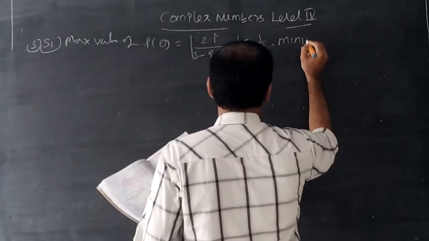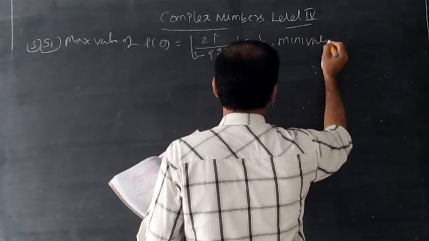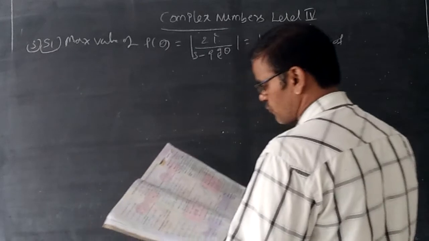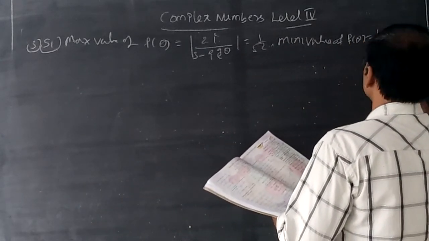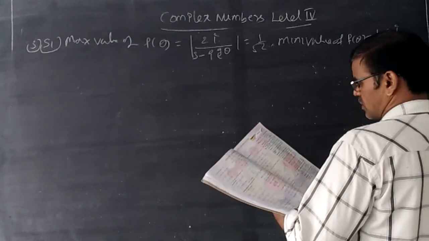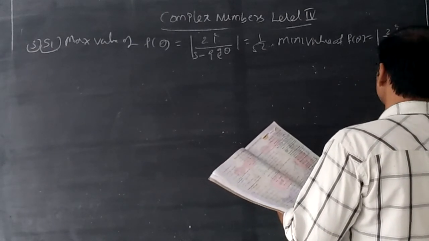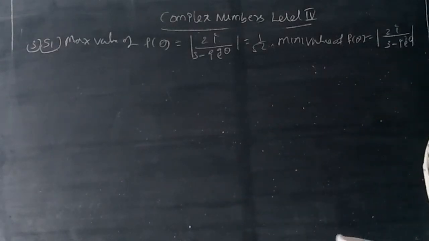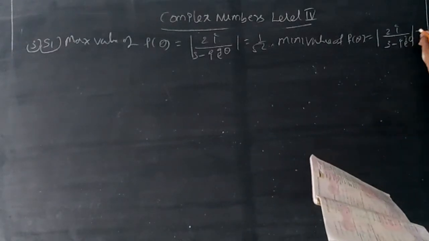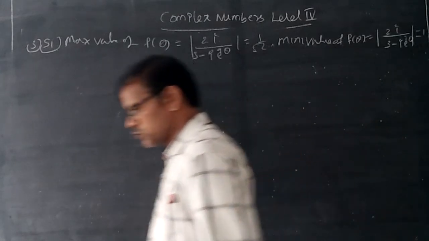The minimum value of f of theta is equal to modulus of 2i by 3 minus i into e power i theta, e power i theta is equal to 1. This is the minimum value, this is the maximum value, we will discuss.